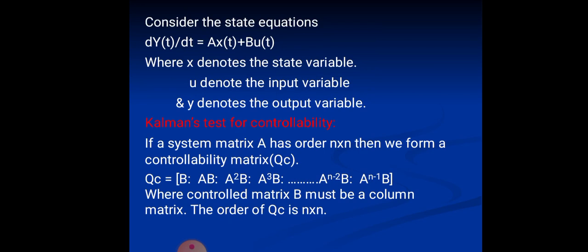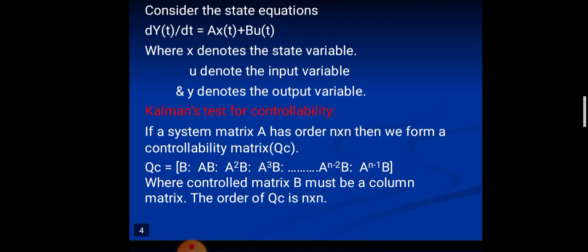Then QC equals the matrix B, matrix AB, matrix A squared B, matrix A cubed B, and so on up to matrix A to the power n minus 1 times B, that is an n by n matrix, where the control matrix B must be a column matrix. The order of QC is n by n.